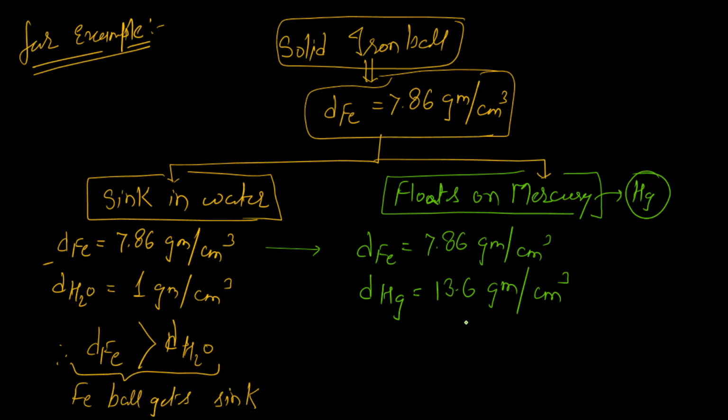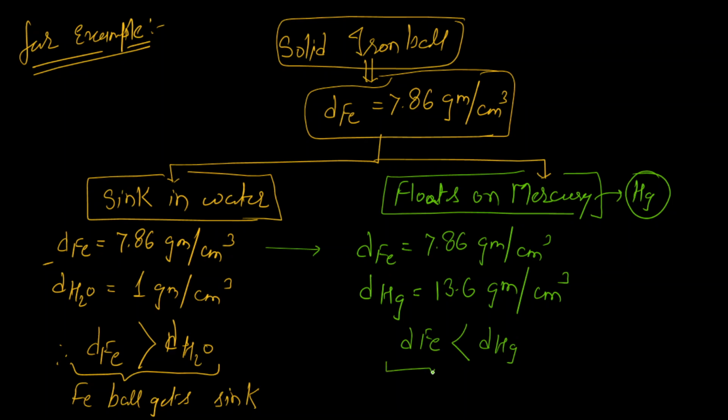Now you can easily understand which one is heavier, that means more dense: mercury. So if you are comparing density of iron and density of mercury, which one is heavier? This is a different situation, because in the sink-in-water condition, iron is denser than water. But in the case of a mercury-filled trough, mercury has more density in comparison to the iron.